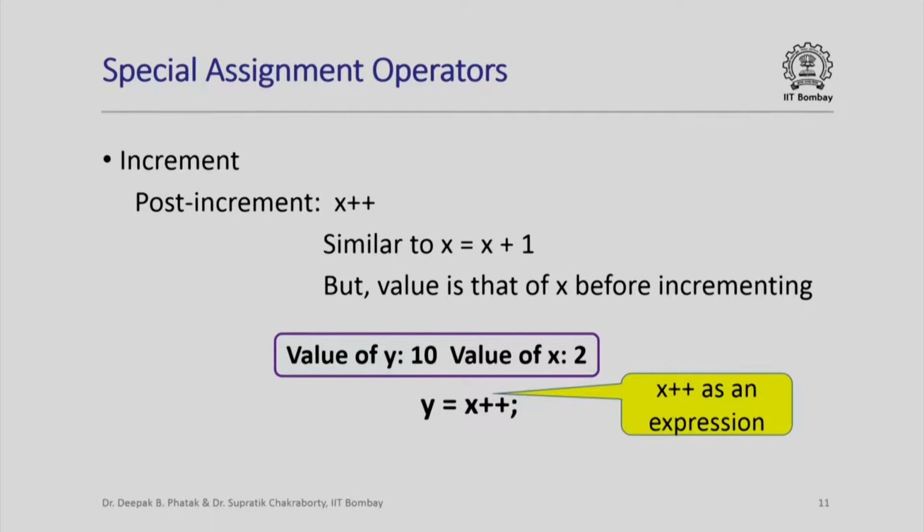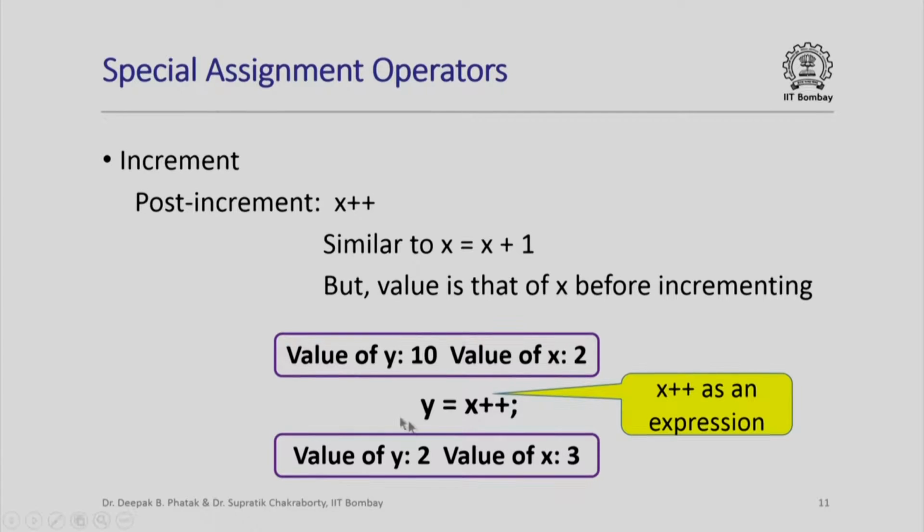If the value of y before this statement is 10, and if the value of x before the statement is executed is 2, then this entire expression x plus plus will evaluate to the value of x before it's incremented, so it will evaluate to 2, whereas the value of x will get updated, incremented as a side effect of evaluating this expression.